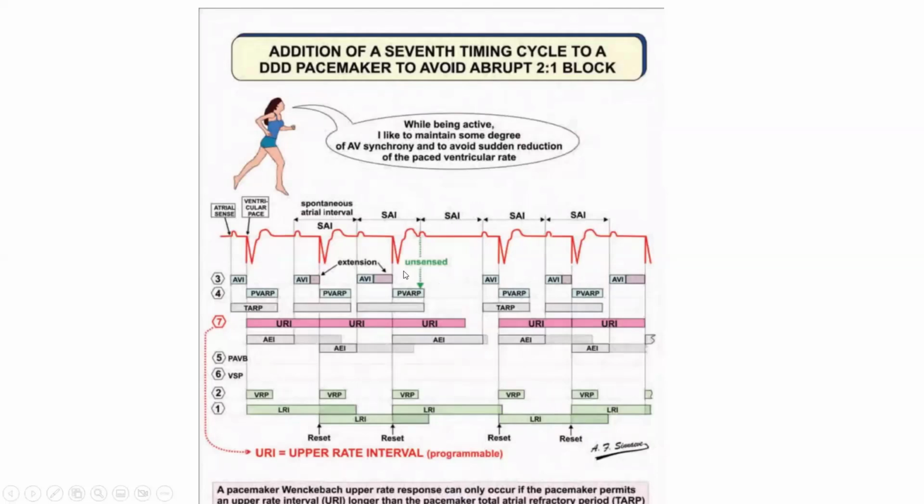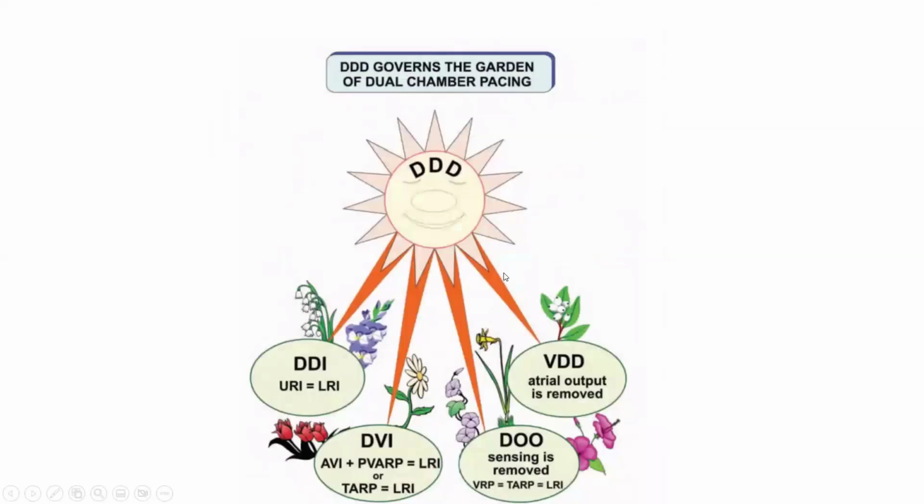Why? Because in Wenckebach, the P wave is getting nearer to the QRS complex. The QRS complexes are getting closer to each other, and the P wave is getting nearer to the QRS complex till one falls in the PVARP and is not sensed, and the following will have a short AV interval with a normal QRS at the end of this AV interval.